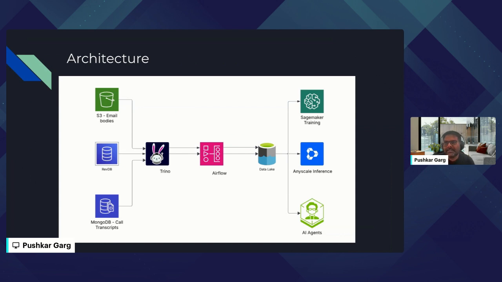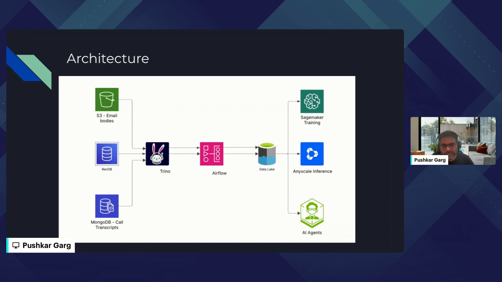So our use case is that for every customer of Clari, we would have a different pipeline for ingestion, and we use the managed instance of Airflow for orchestrating and managing those pipelines. And we use Trino to run queries, which give us the data, and then we persist that in the data lake in the form of Iceberg tables.